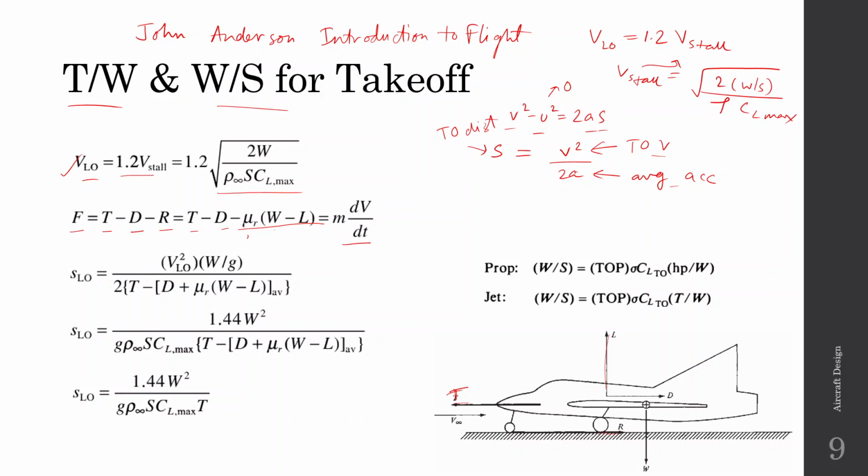Now as you can see, the net force on the aircraft and hence the net acceleration is going to vary during the takeoff roll. As the aircraft is accelerating, everything actually, the thrust, drag, and the lift, all are going to change during the takeoff roll. So this equation is not strictly valid, but it is good enough for a first estimate.